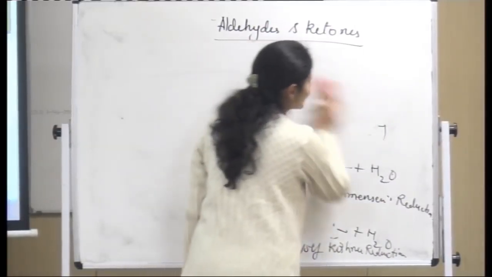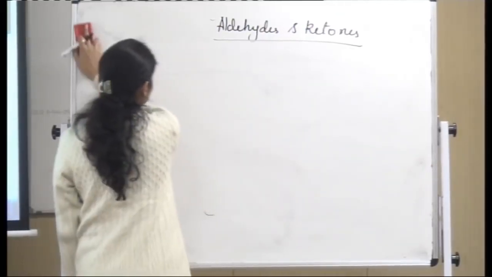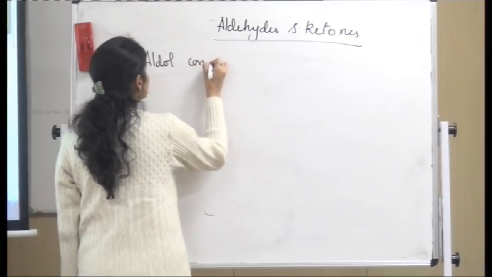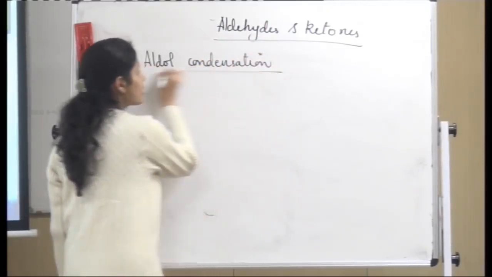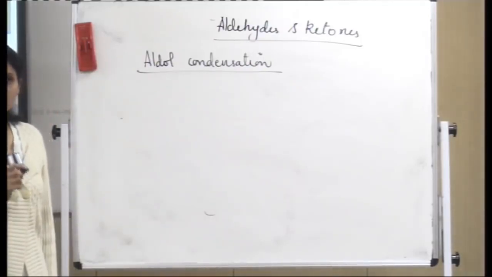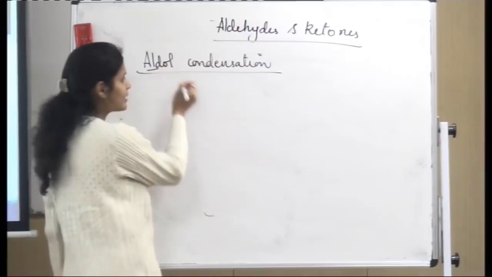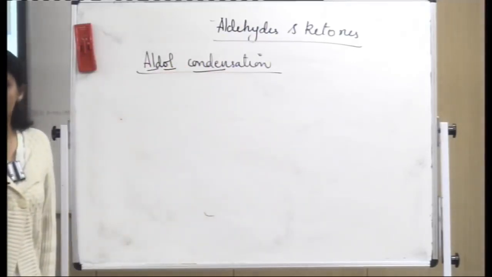The next very important property of aldehydes and ketones is aldol condensation. Does anybody know what is aldol condensation? Aldol means aldehyde and alcohol, and condensation means combination, right?